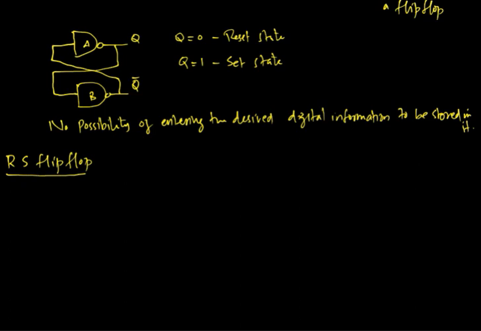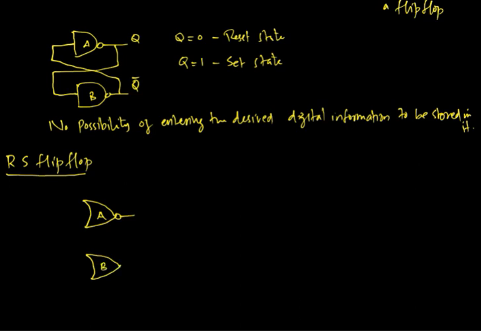I told you that by making some modification to the latch, we can have the flip-flop circuit. So if you consider a circuit in this way, a latch always contains at least two gates. Here I am considering two NOR gates.